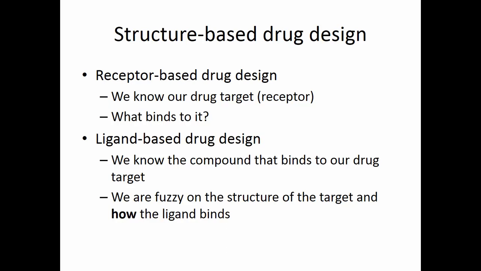What looks structurally similar? What has hydrophobic things in the same place as this ligand we're looking at? What has hydrogen bond donors in the same place? What has aromatic groups in the same place? You can ask these questions and come up with a pretty educated guess based on a molecule that looks like the ligand molecule.